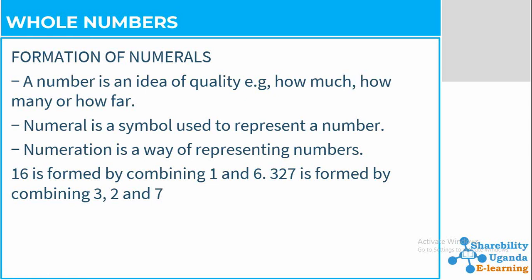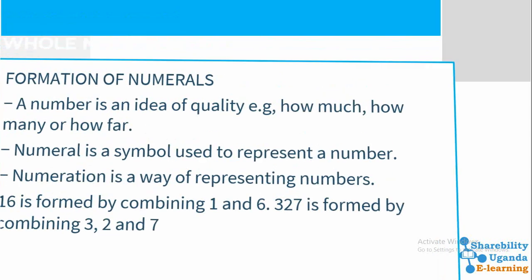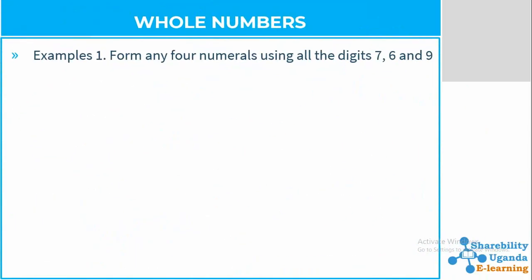Alright, so we have so far looked at how these numbers come about and how they are formed. So let's look at one example which is given. In this formation of whole numbers, we look at questions where they tell you to form any 4 numerals using all the digits.